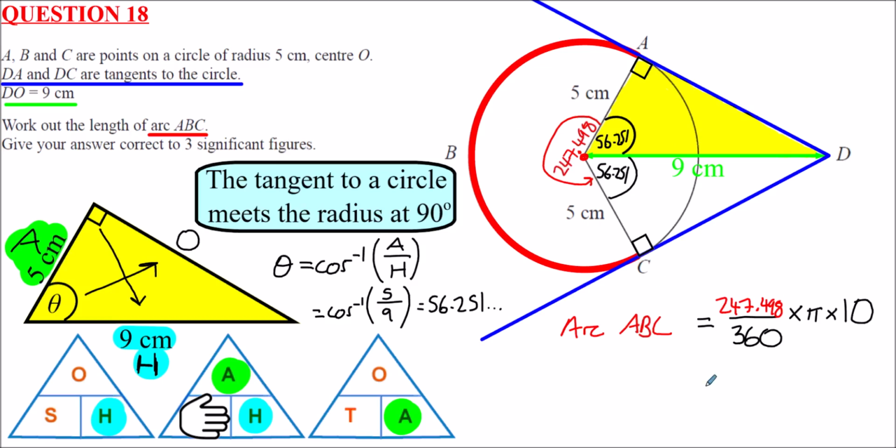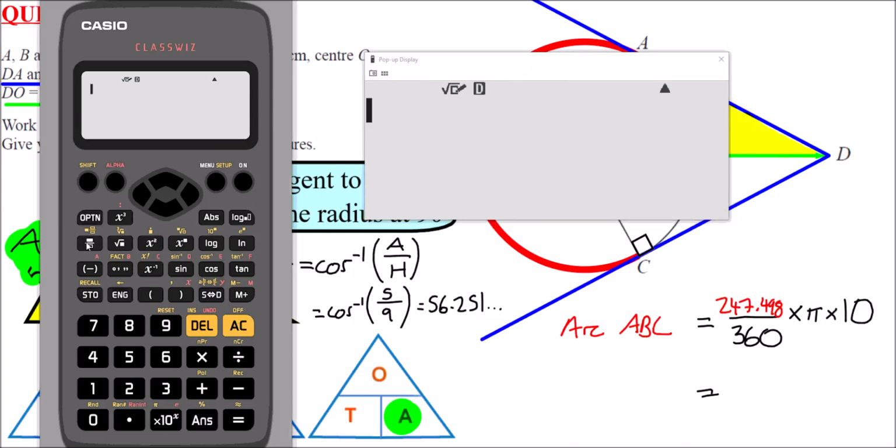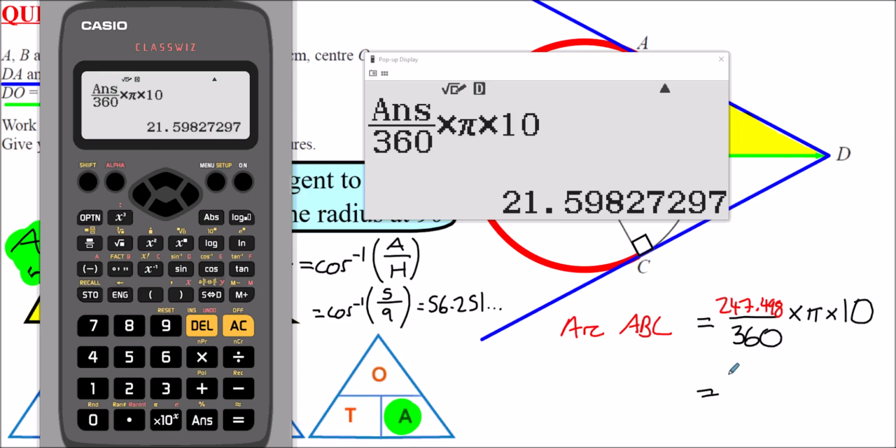So arc ABC is that fraction out of 360 multiplied by pi multiplied by the circle's diameter. So this awkward 247 point number I've got stored on my calculator now, that answer over 360, multiplied by pi multiplied by 10, that's the length of arc ABC.